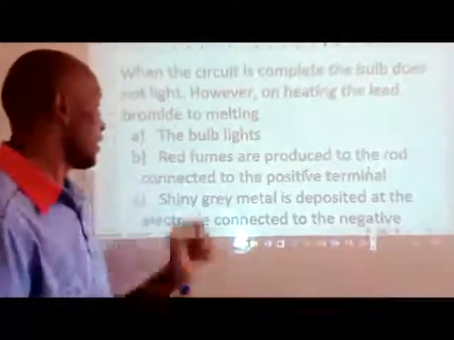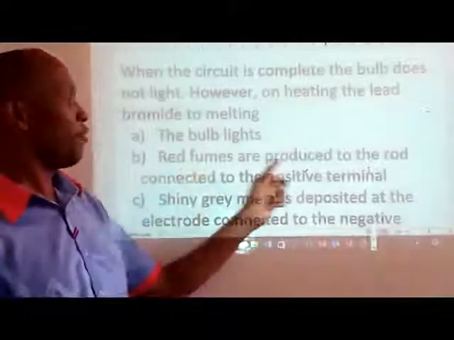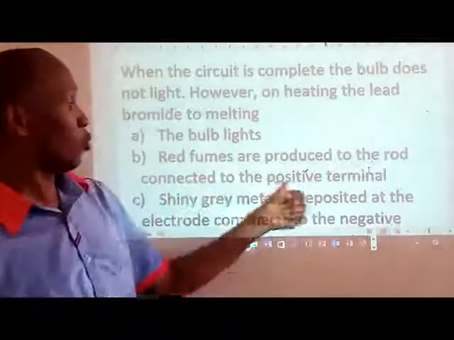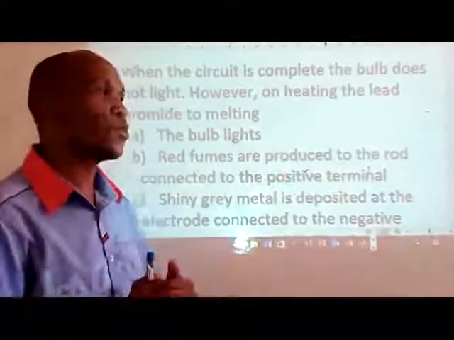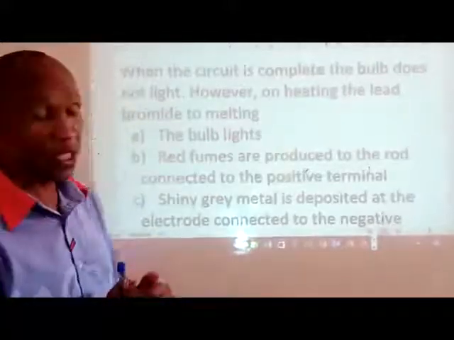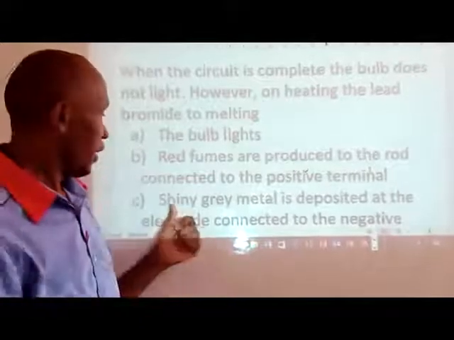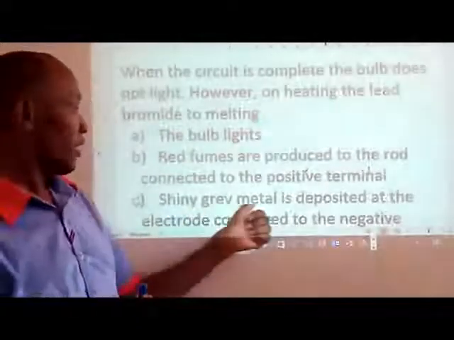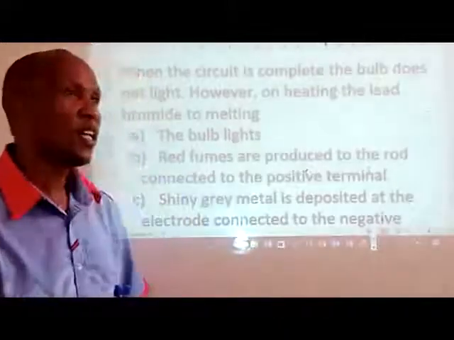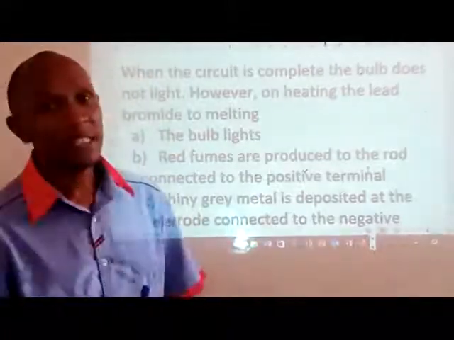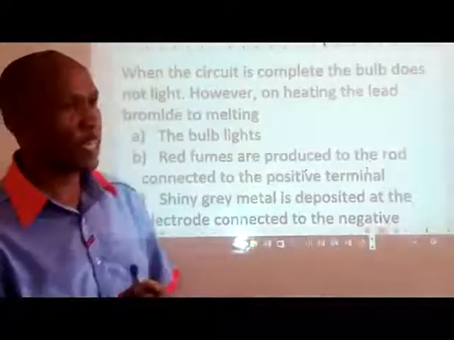Apart from that, there were some red fumes produced on one of the rods that was connected to the positive terminal. The other thing, there was a shiny grey metal deposited on the rod that was connected to the negative terminal.